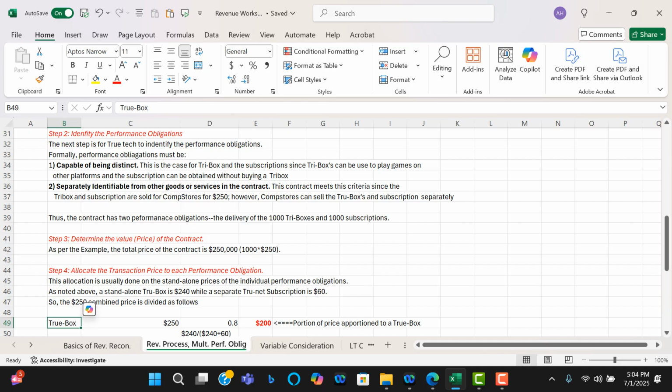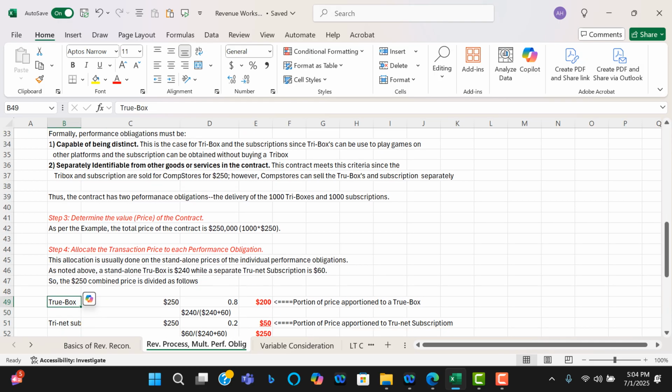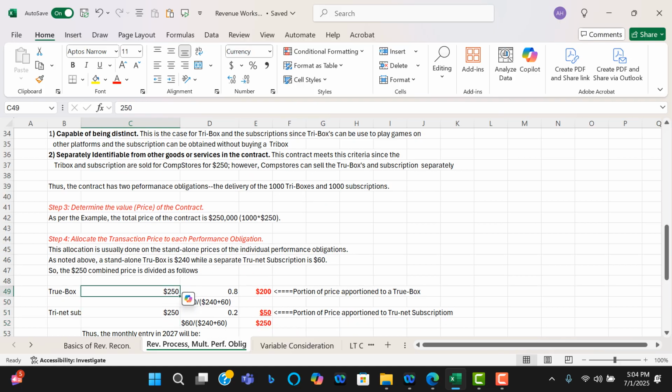You've got TrueBox and you've got the subscription, and the price for the package deal is $250. The question is, of that $250, how much do we assign to the boxes and how much to the subscriptions? Well, we're going to assign 80% of the $250 to the boxes.